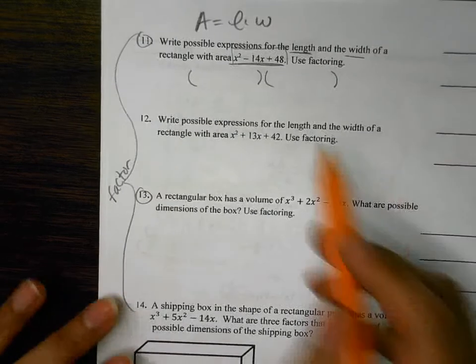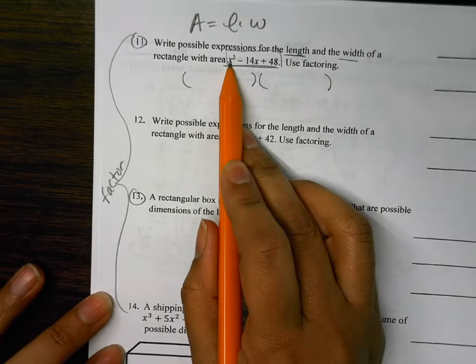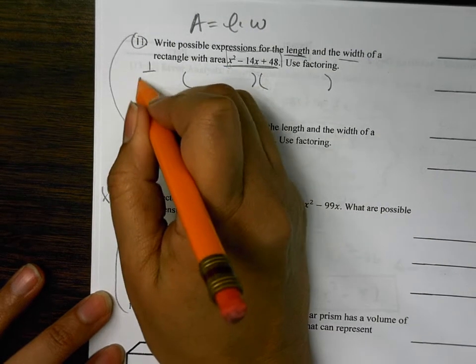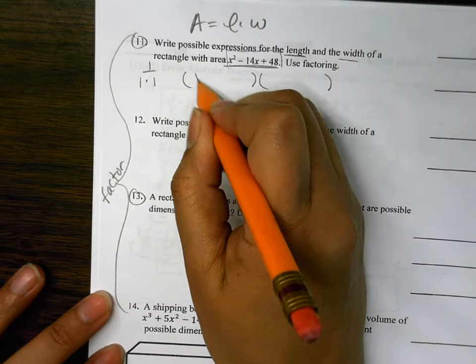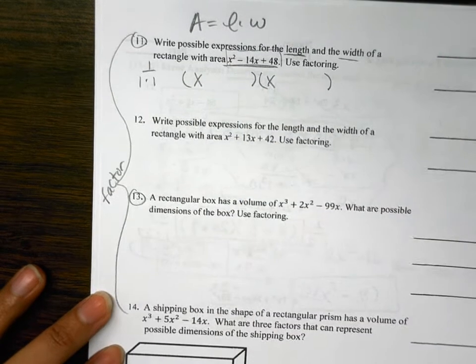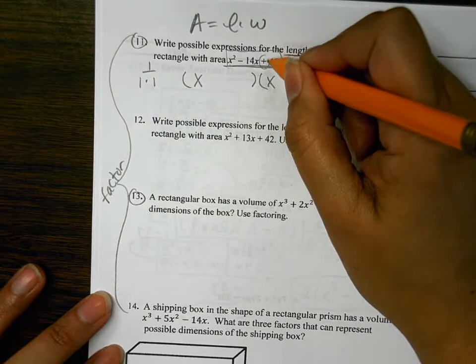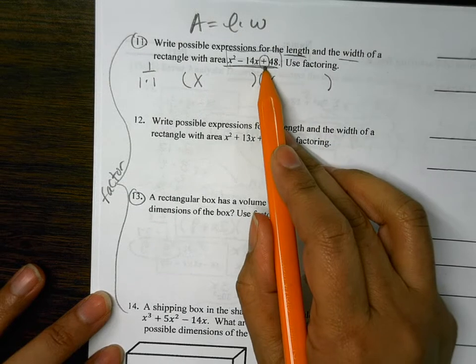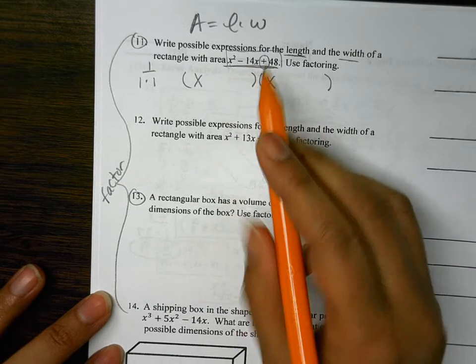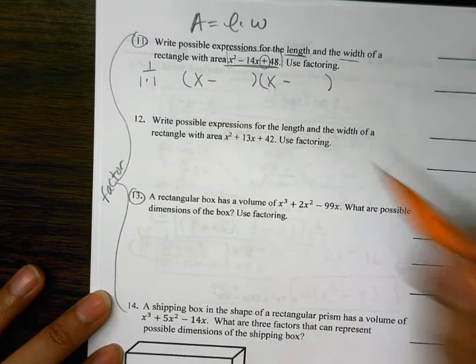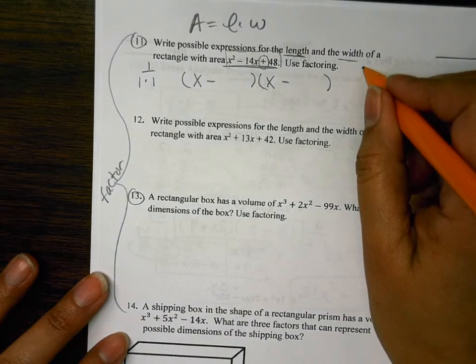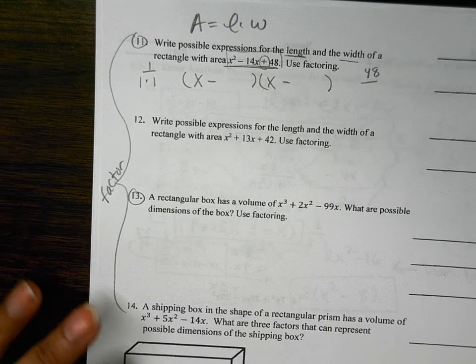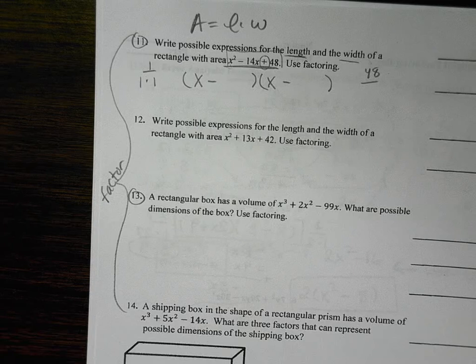All right, what's my leading coefficient here? 1. What are the factors of 1? Is that one where I can use the shortcut? What are my signs, same or different? And the neighbor tells me they're both what? Negative. And then I list the factors of 48. Unless you guys can kind of do it in your head, what times what is 48?